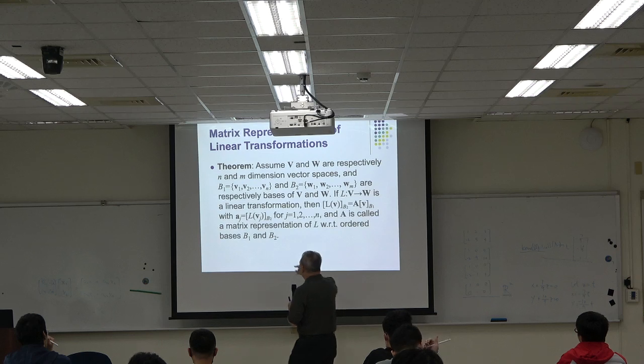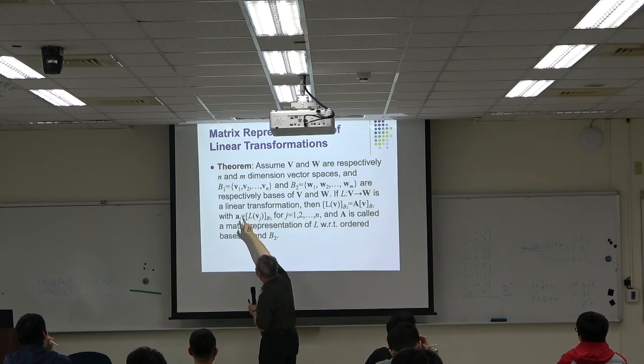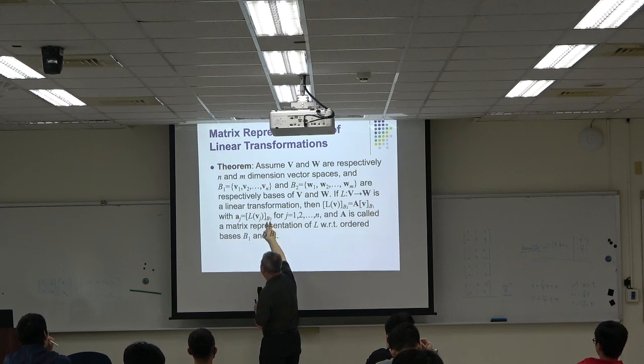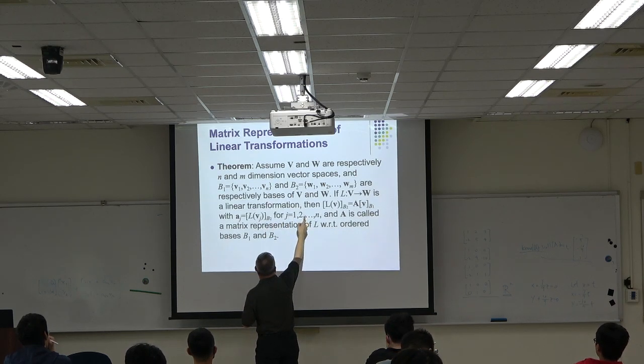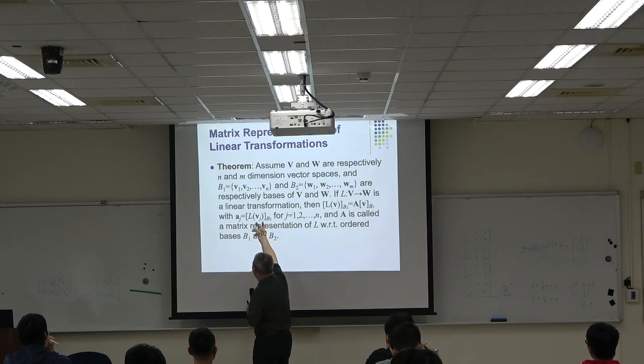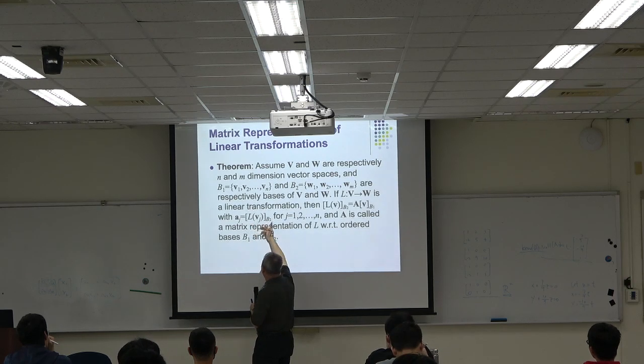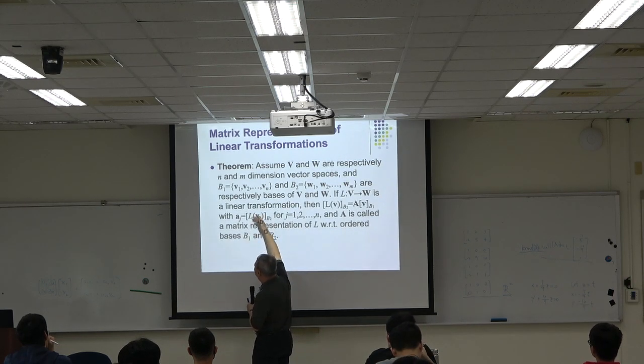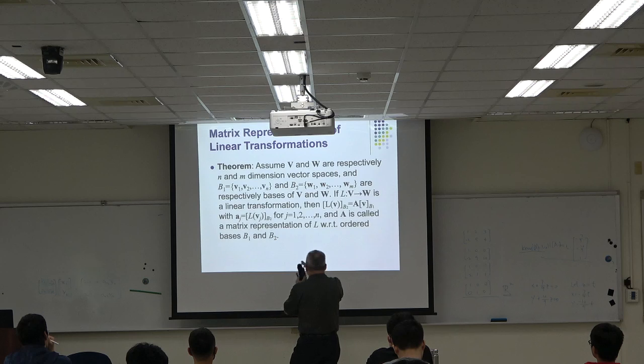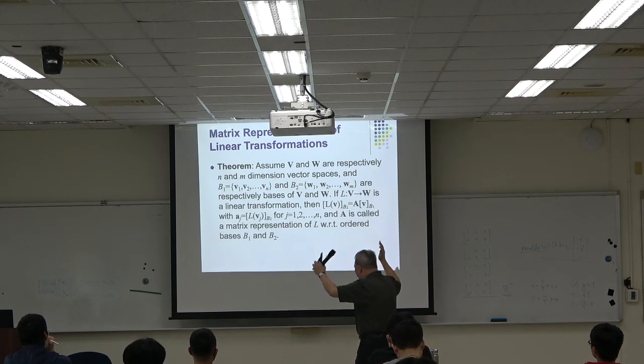You map v_j. What is v_j? v_j is a basis vector in B1. You apply the transformation to it and write the result using the basis in B2, and whatever coefficients you get, you use those coefficients as a column vector, which forms a matrix.